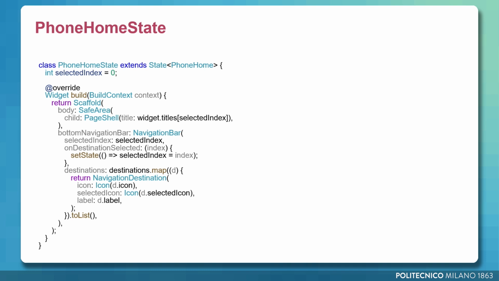Then, inside the scaffold, we define the bottom navigation area by creating a navigation bar. Once again, the selectedIndex attribute is set using the class variable, while onDestinationSelected is the usual callback that calls setState to keep the GUI updated and simply changes the current value of selectedIndex to the new index selected by the user.